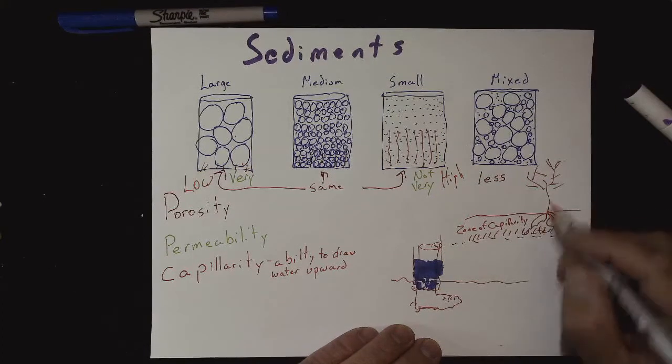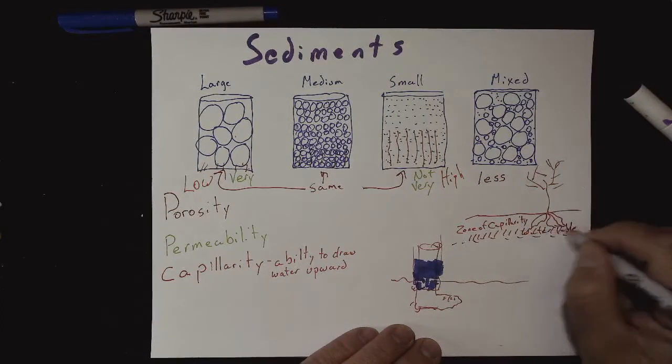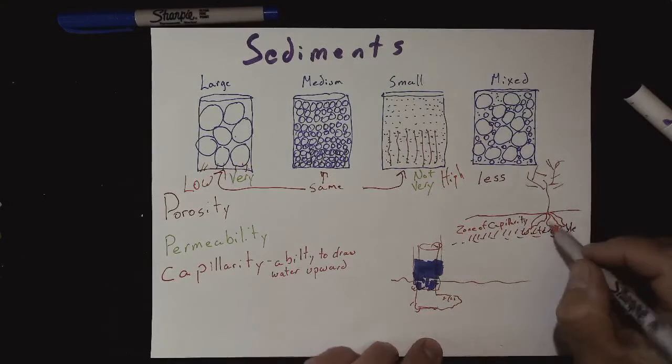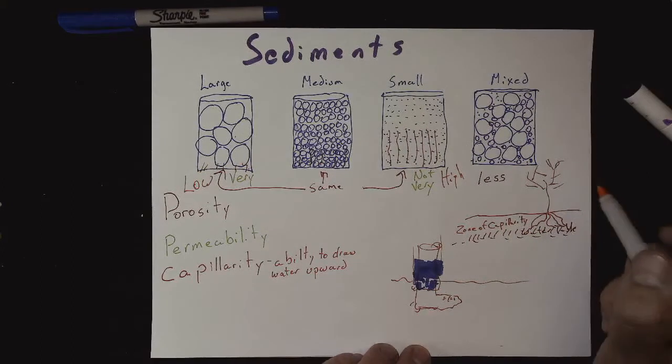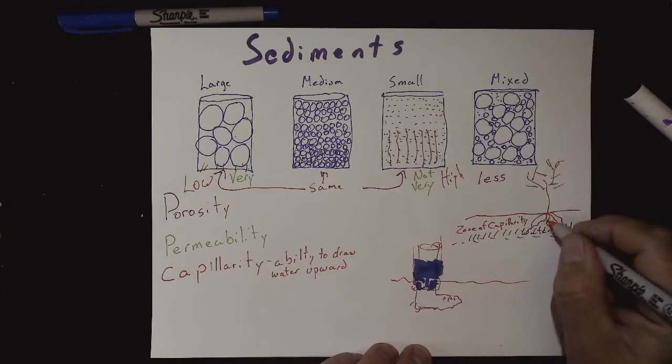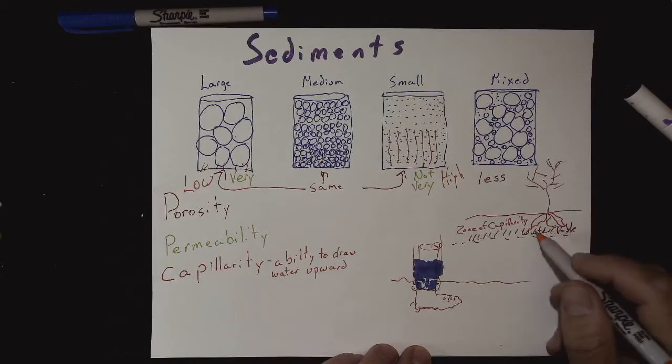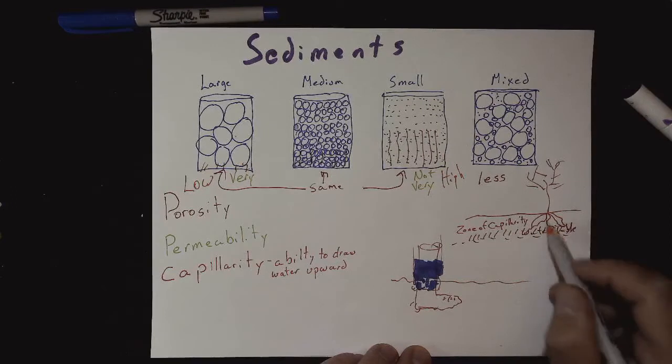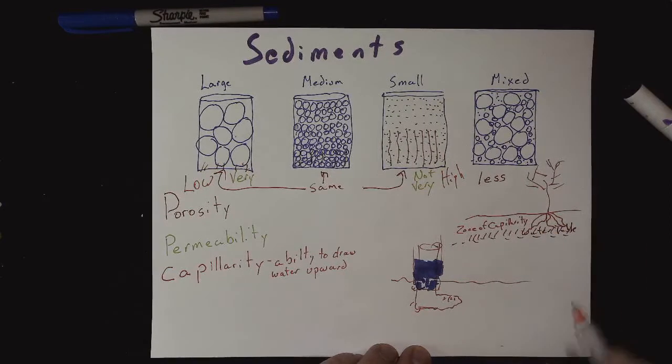And the zone of capillarity means that you're in a wet spot where the water can get into the roots and keep the tree alive much longer. Now, if the tree could get all the way down to the water table, even better. But a lot of times that's not possible, but the zone of capillarity is all that it would need.